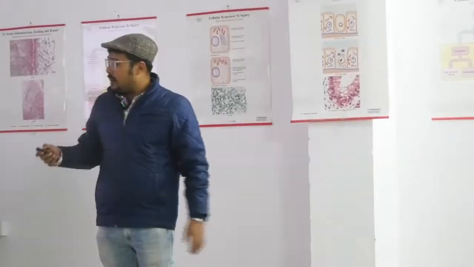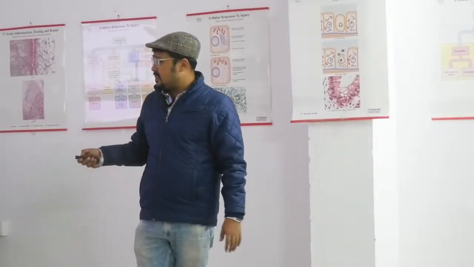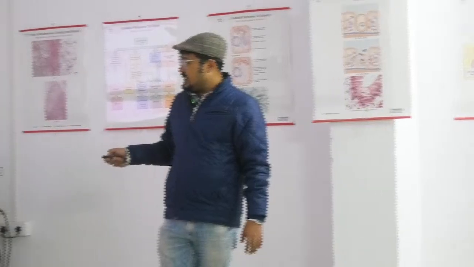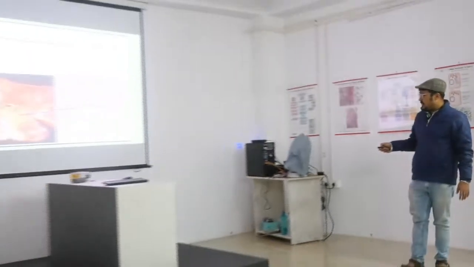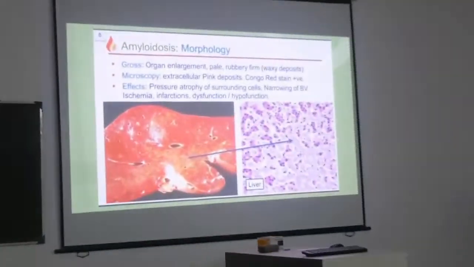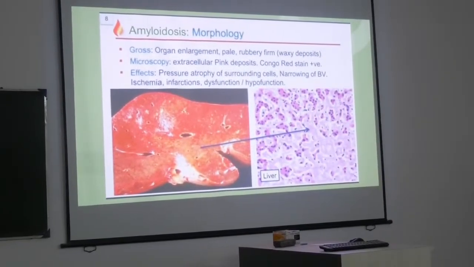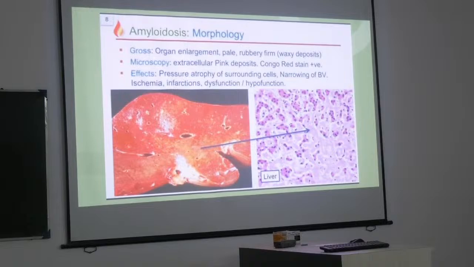Now the microscopy. These are hepatocytes. These are the basement membrane, and there is accumulation of amyloid. This is the extracellular deposition of amyloid, the pink eosinophilic irregular waxy material.